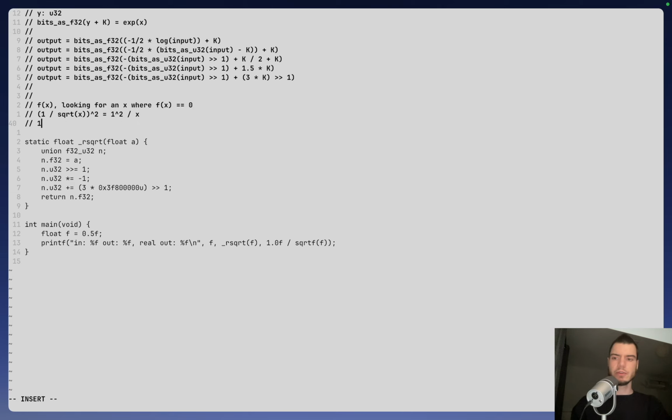And if we take 1 divided by x, which is, by the way, just 1 divided by x, and take this to the power of minus 1, we will get x. Which means we can invent a function that is basically the inversion of our function. And then we can take the result of that, which should be equal to x, minus our original input value, and the result of that should be 0.